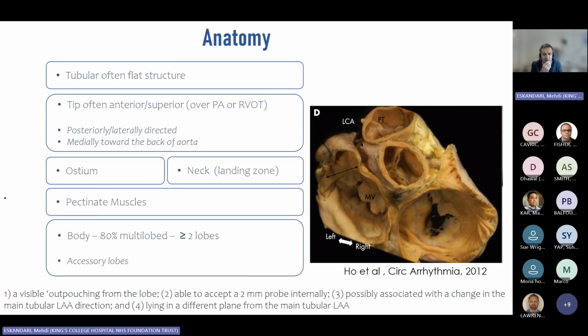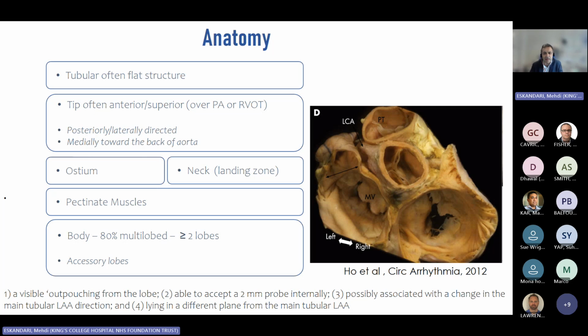Strictly speaking, a lobe must be a visible outpouching, and some anatomists say it has to accept a 2 mm probe internally, otherwise it is essentially just a little bulge. These lobes are important, and we will discuss them in a second.